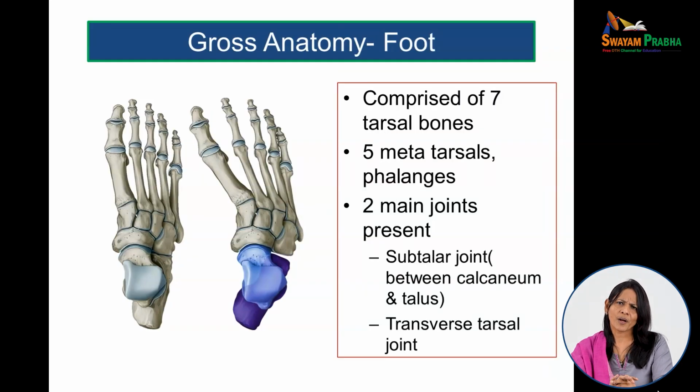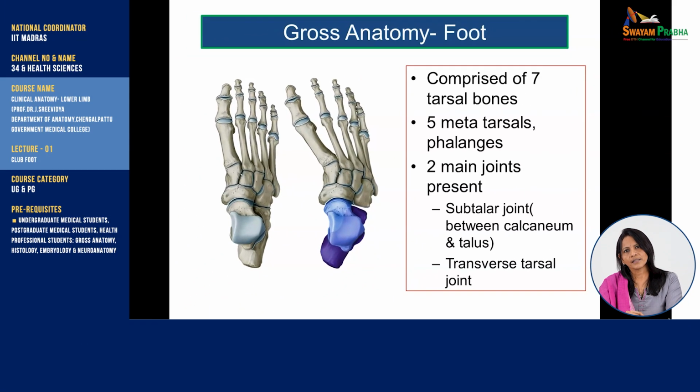So before we go into the proper club foot, I would just like you to know about the gross anatomy of the foot. Just like your hand, where the carpals, metacarpals and phalanges are there, here there are tarsals, metatarsals and phalanges. There is not much difference between the metatarsal and metacarpal except for the size, and the phalanges, of course.